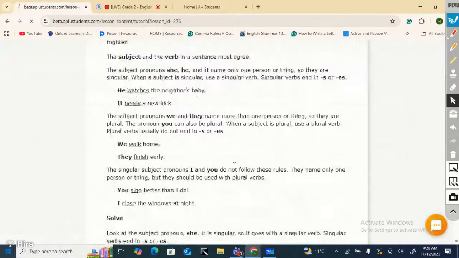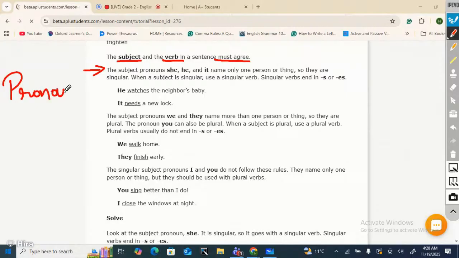Well, we know that subject and verb in a sentence must agree. Pronouns, what are pronouns?